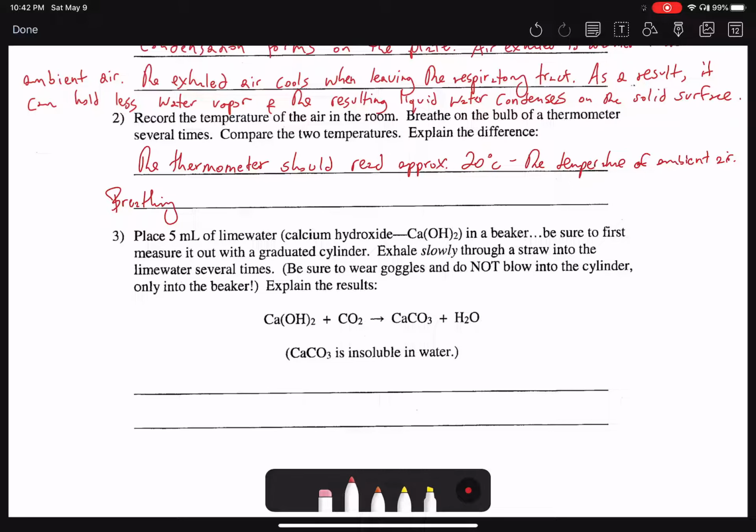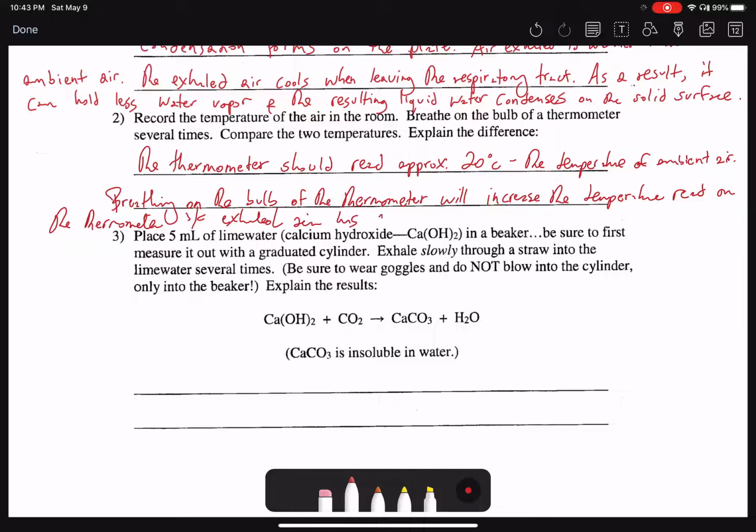Breathing on the bulb of the thermometer will increase the temperature read on the thermometer because exhaled air has a higher temperature than the ambient air.